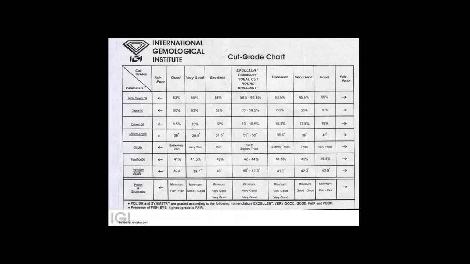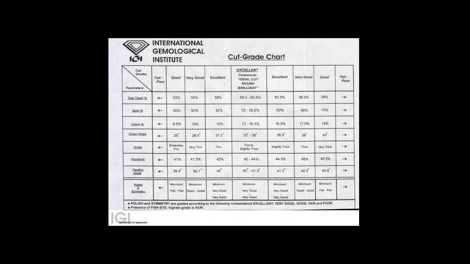Also at the same time, for the stone to get an excellent cut, it's very important that the other two finishes, there are three finishes, the cut grade, the polish grade, and the symmetry grade. So to get the cut grade as excellent or ideal, the polish and the symmetry should be minimum very good, right?